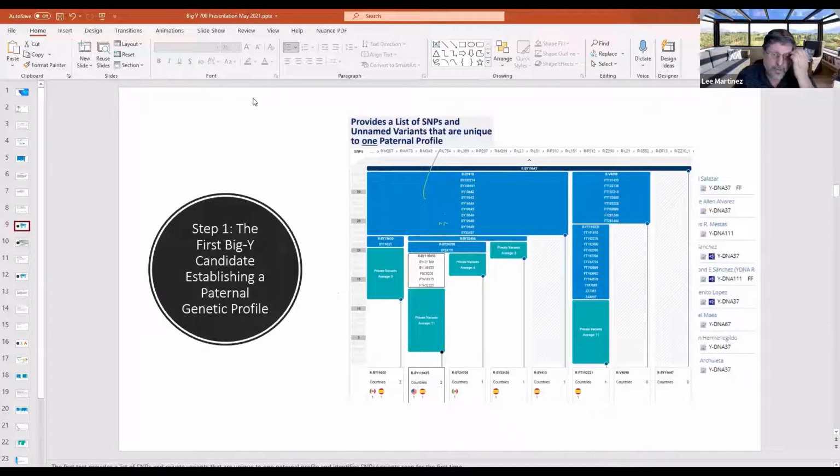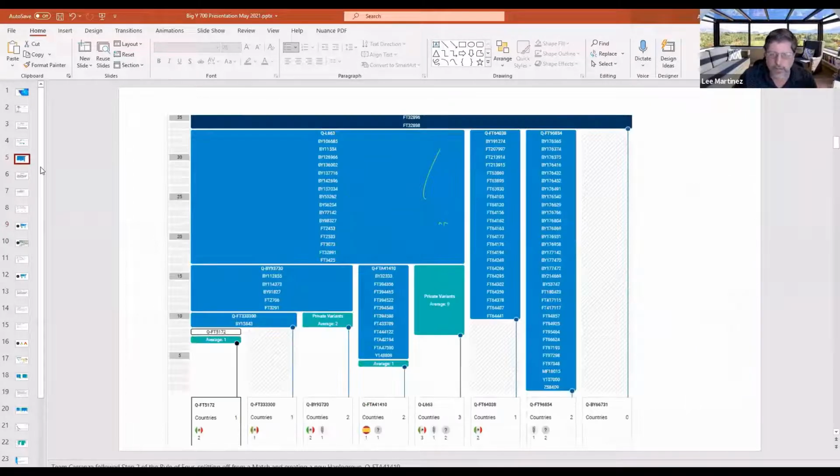But in some instances, for example, if I want to spend as little money as possible to see if I matched the QL663 here, I know the QL663 is a SNP that you can buy. You can buy that test for like 25 bucks.